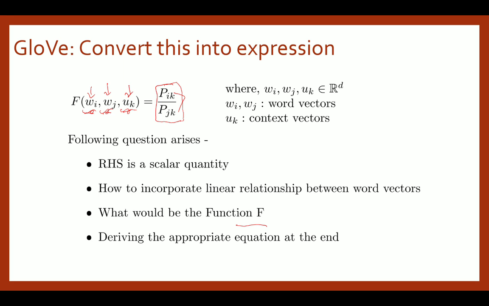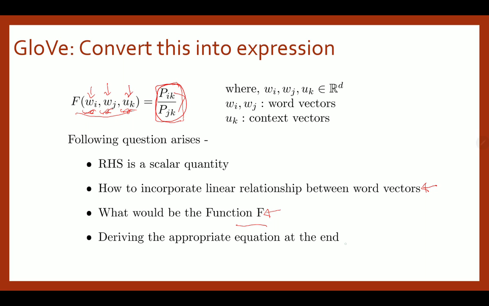Our dual objective while defining GloVe was to use the global statistics, which we have used in the right hand side. The second is to look into this linear relationship among the vector representations, which we have to reflect somehow in our left side. So this linear representation has to come into the left side, and then we have to find an appropriate function f which works over these vectors and gives rise to a scalar quantity.